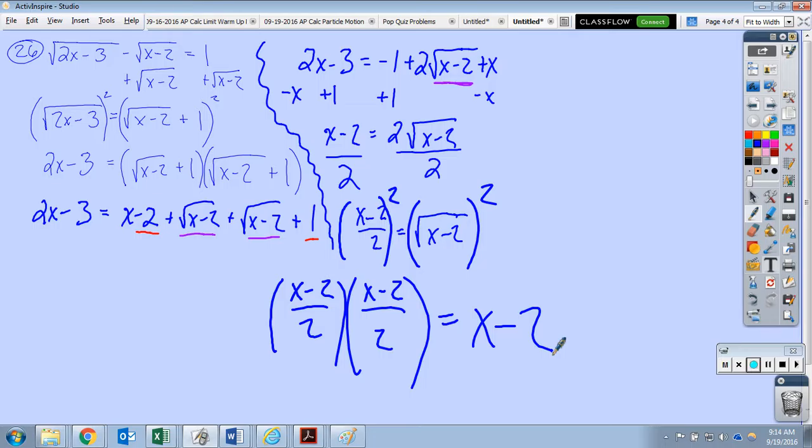Now, we did not have to divide by 2. If you wanted to square both sides from there, you could be perfectly allowed to do that. That's fine as well. There's one way to do it, but you would arrive at the same thing.